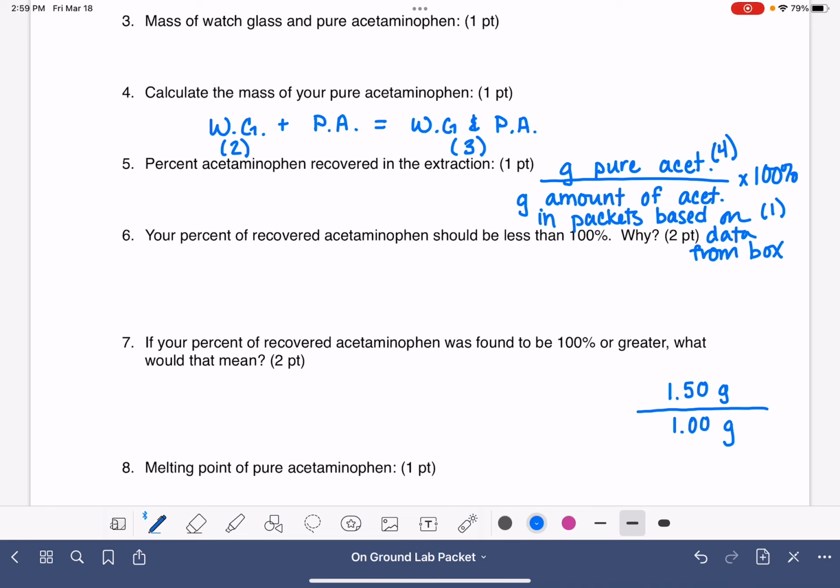And so when you did the math on this, you would get 150% recovery. So what would that mean? If you only started with 1 gram of acetaminophen, how did you end up with 1.5 grams of acetaminophen? Where did that other 0.5 grams come from? Is it acetaminophen? Did you magically make 0.5 grams of acetaminophen, or what could that 0.5 grams be? Where did that other half of a gram come from?